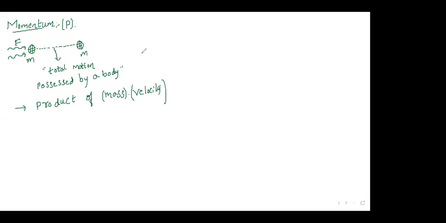Mass into velocity. What is the mathematical formula? M into V. Can you talk about the SI unit for this? Kg meter per second. For mass, it is kg. For velocity, it is meter per second.